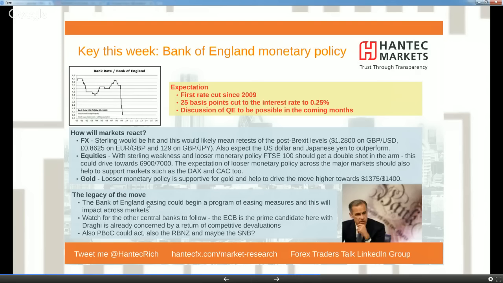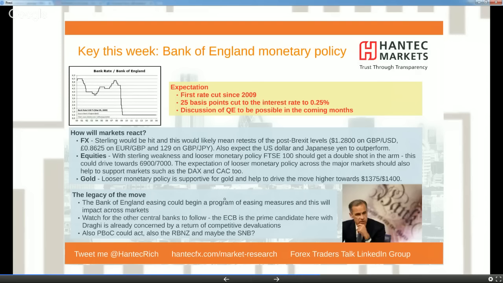Legacy of the move: Bank of England could begin a program. Yes, it could, as just discussed, and other central banks could also follow suit. The ECB would be the prime candidate here. I think Mario Draghi was fairly wait and see in terms of Brexit. And to be honest, the data out of the Eurozone has not been all that bad in terms of the PMIs today.